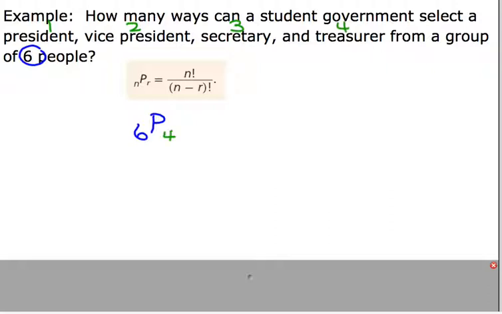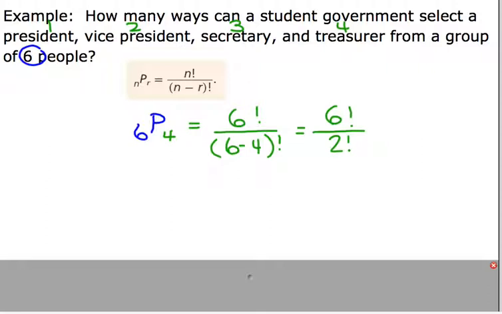So we're going to go ahead and substitute that into our formula. So 6 factorial over 6 minus 4 factorial. Now we simplify it. 6 factorial in the numerator. 6 minus 4 is 2 factorial. All right, now we're set to go. So I'm going to go from 6 to 5 to 4 to 3 to 2, and then I'm going to stop because I have a denominator of a 2 factorial.